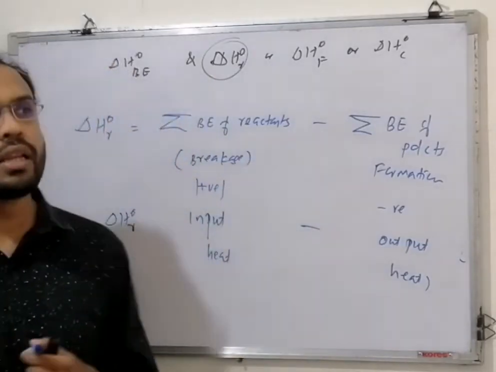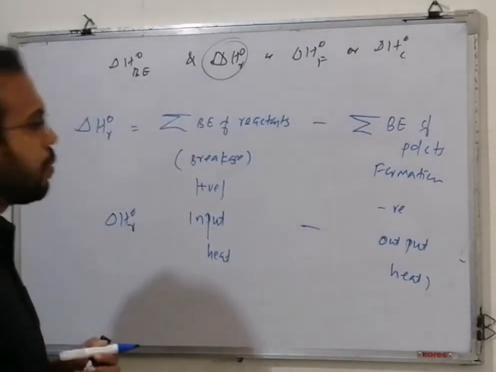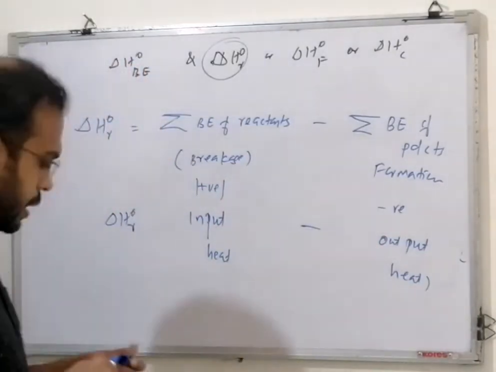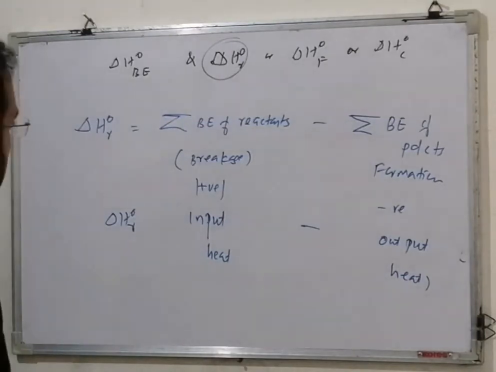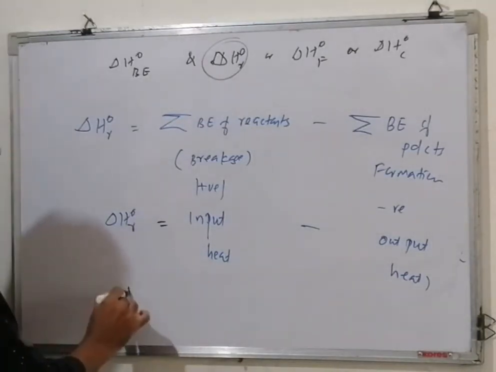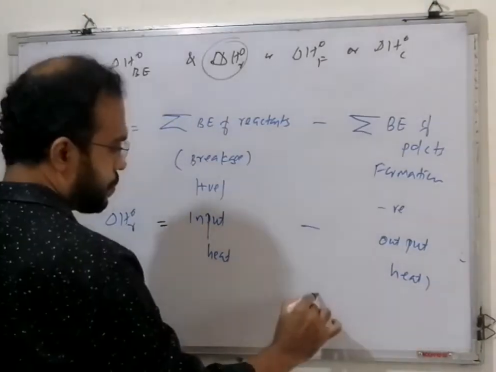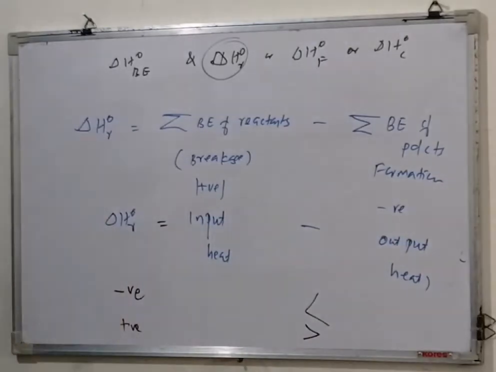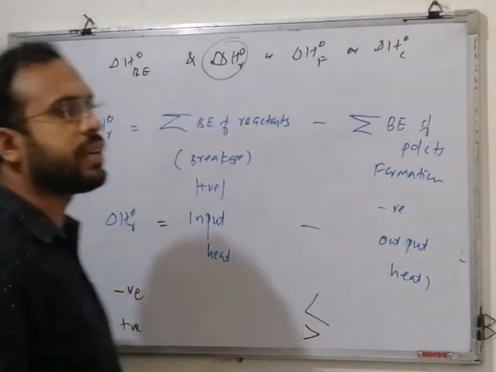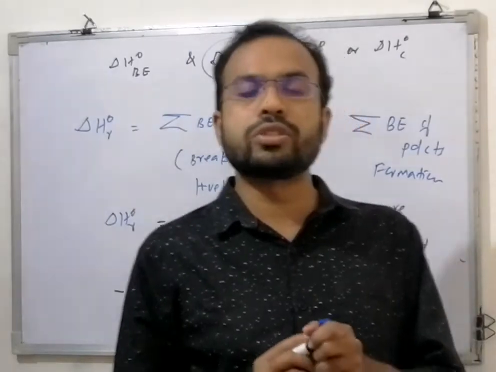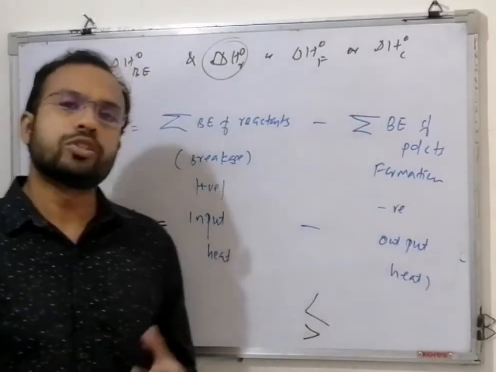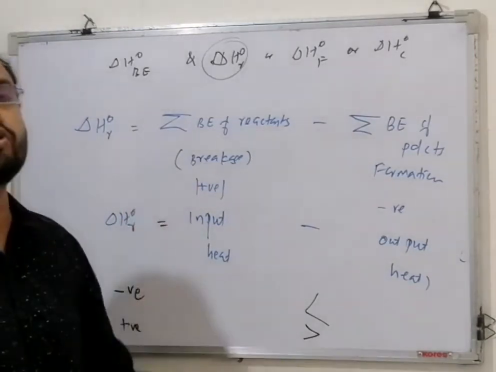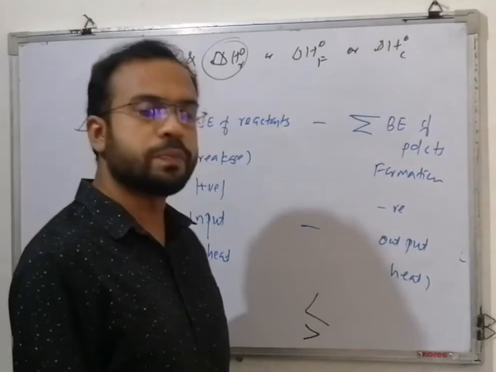Heat is released when bonds are formed, that is the output. Therefore, it will be negative when output is greater, and positive when input is greater. That is, if total bond energies of reactants are greater than total bond energies of products, then it will be positive, an endothermic reaction, because input heat is higher than output heat.